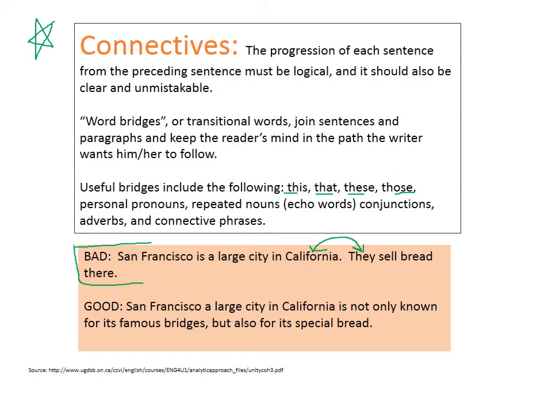We still identified it as a large city in California, but we connected the information. We put in something that San Francisco is known for, and then tied in this piece about the bread by making it very clear that we're mentioning it because it's something that San Francisco is known for. And that's what all of your ideas in your essays or your paragraphs must do.